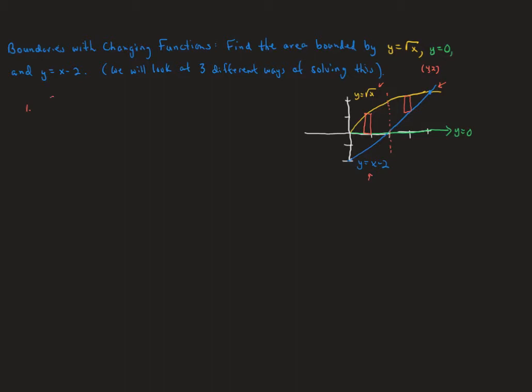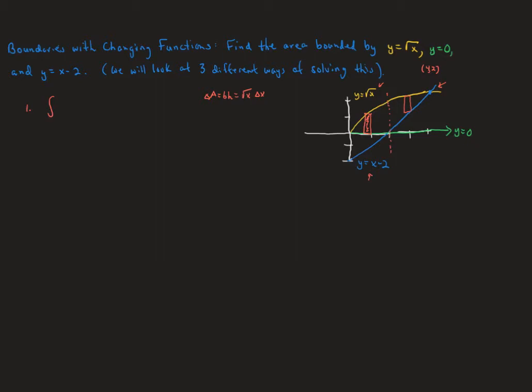So what we are going to do now is break this into two separate integrals. So first we're going to integrate, maybe let's do our delta area. So our delta area on this first rectangle here is always going to be base times height. The base is going to be our delta x, and the top curve is square root of x. The bottom curve is 0, so top curve minus bottom curve gives us that height of square root of x, and the base is delta x.